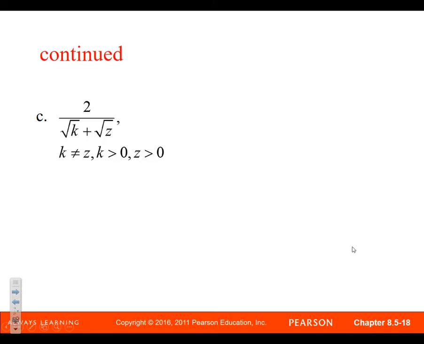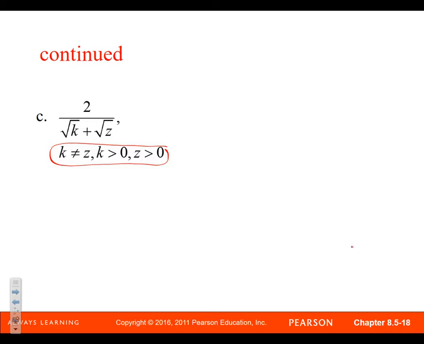This one's actually easier than the last one we did because the numerator is just an integer, right? So when I look at this, let me just talk about that real quick. All that's saying is that k can't be z, because then you would just have two of them, and you can't have them be zeros, because then 0 plus 0 makes 0, and the denominator would be 0.